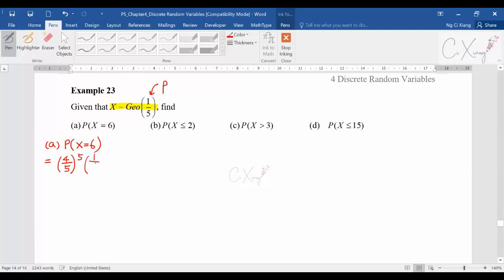And then the last time you get the success trial that you want, so it's 1 over 5. So it is actually q to the power r minus 1 times p. You should get the answer 0.065536, and please keep it in 3 significant figures.